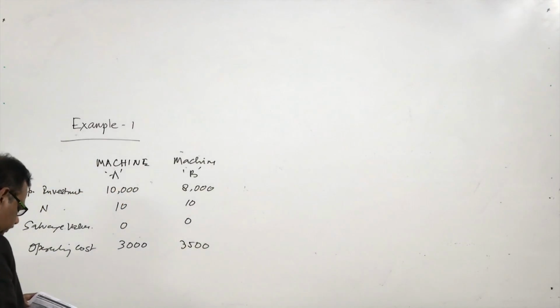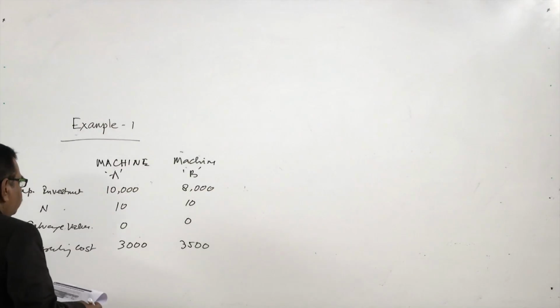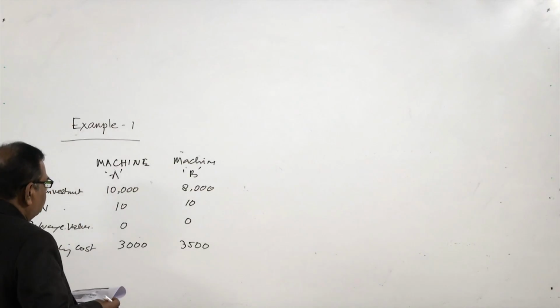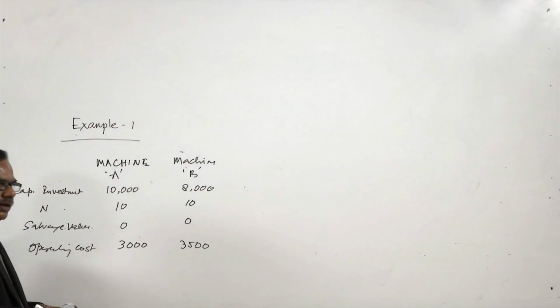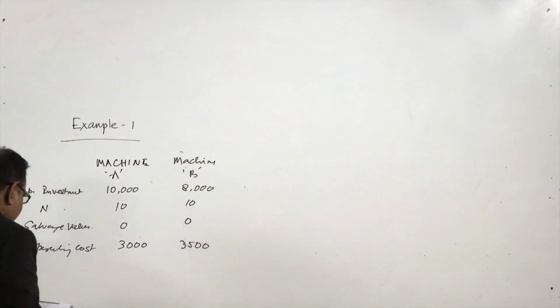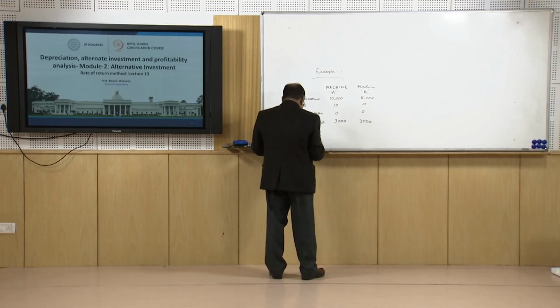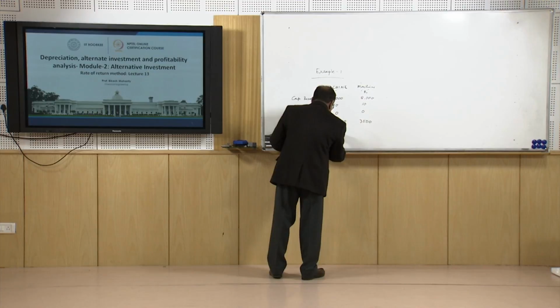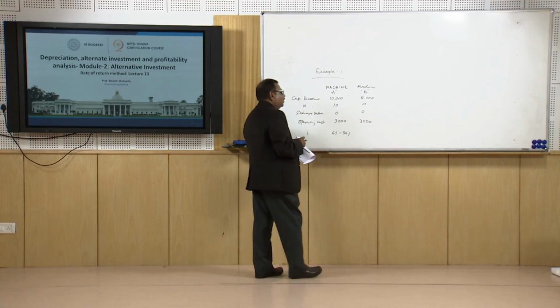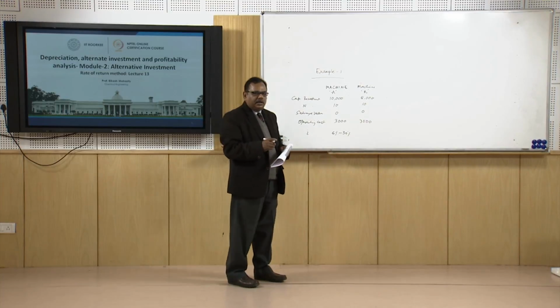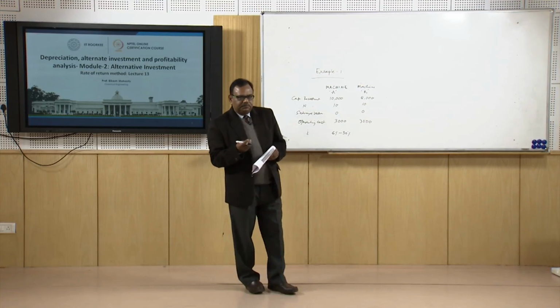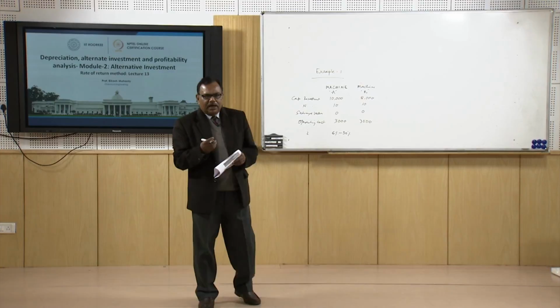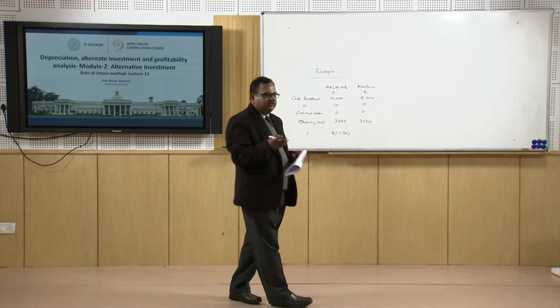This is the data, and we will see how the annual cost varies if I vary the value of i from 6% to 30% and then plot it, and see at what value of i the decision will change.